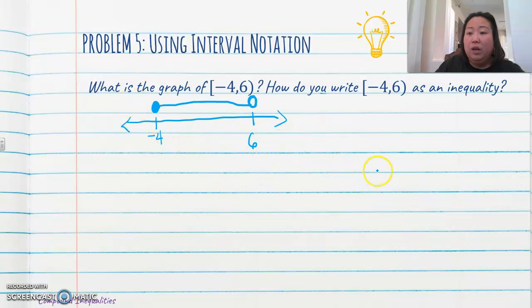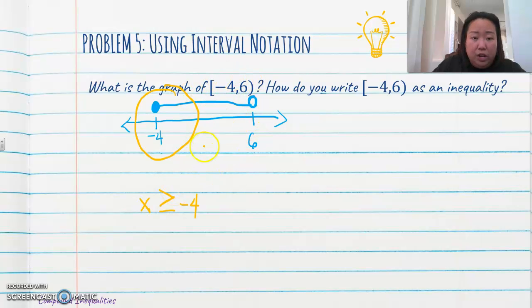Now, how will the inequality expression look like? So as you can see, we have something that is greater than. Just looking at this part, let me use a different ink color, okay? Just looking at this part of the graph, you know that x is greater than or equal to -4, okay, because it is going to the right.